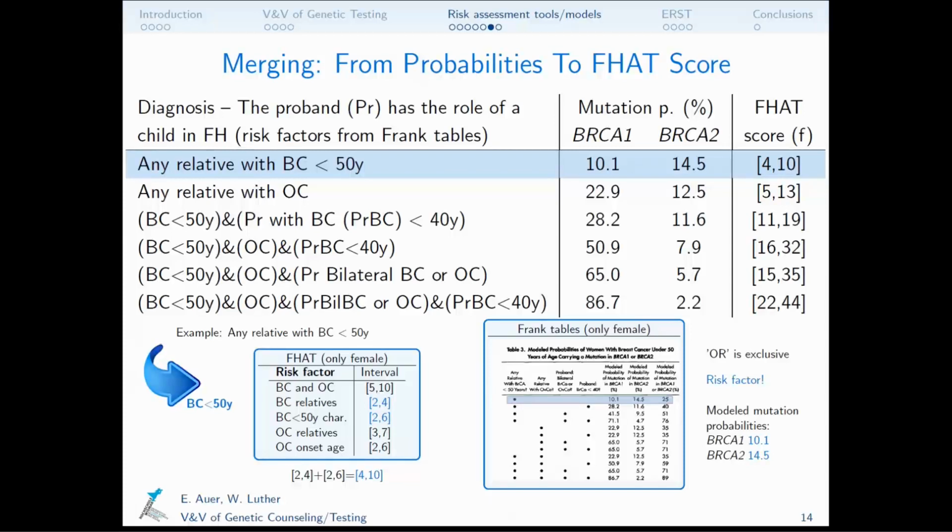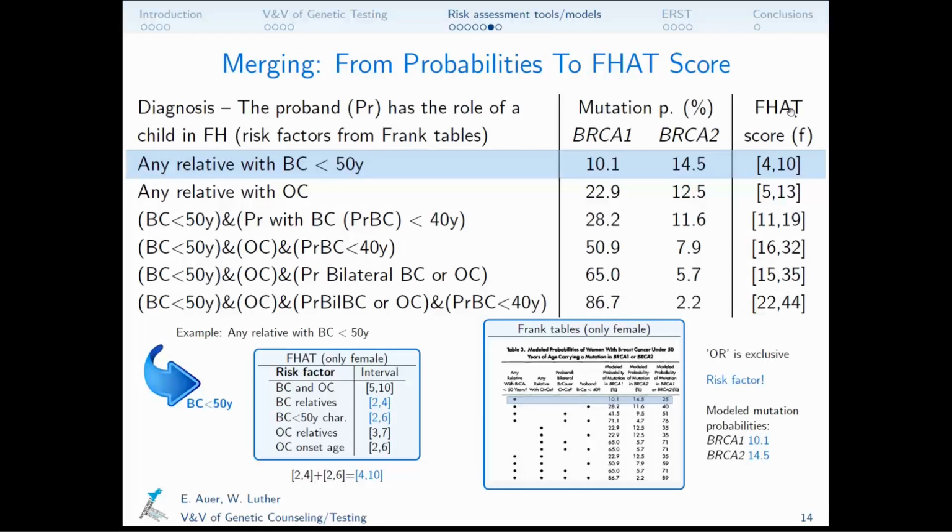And for example, if we take those risk factors from Frank tables, then we obtain those interval scores, and we see that the mutation probability for BRCA1 increases when we take more and more criteria into consideration, and this behavior is also reflected in the scores from the family history assessment tool.